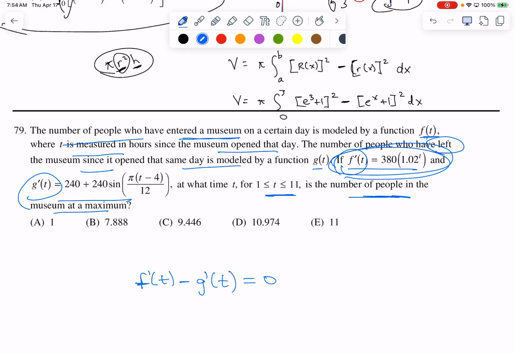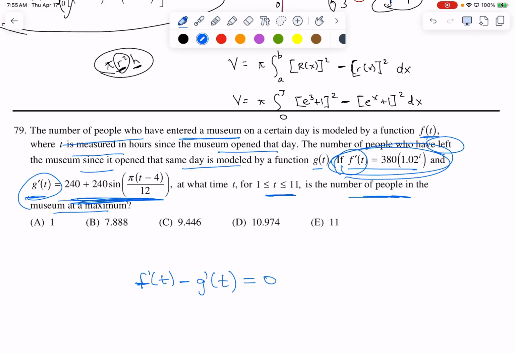Are you good? Put g prime into y2. You might need to use alpha x to get that really complicated fraction in there: 240 plus 240 sine of pi times t minus 4, divided by 12, close the parentheses. Make sure your calculator's in radians. Everybody got it typed in correctly?